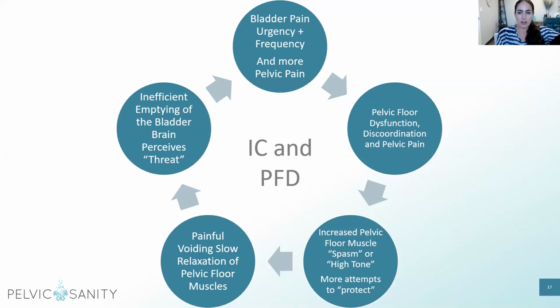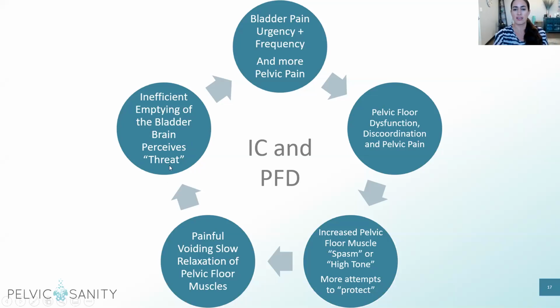The other scenario is that potentially you had a car accident, something completely unrelated to your bladder and your pelvic floor, or you have a history of some sort of trauma, a stressful event, a death in the family, a surgical insult that had nothing to do with your bladder, but boom, your brain perceives a threat in that area.